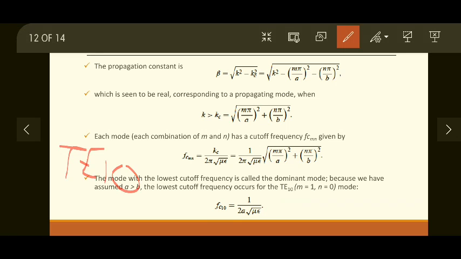Substitute that in this equation, so this term will vanish and your cutoff frequency will be 1 upon 2a into square root of mu epsilon. That is the cutoff frequency for the TE10 mode, which is the dominant mode in the waveguide.